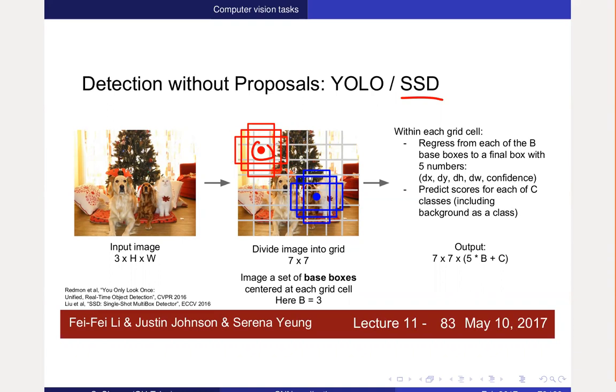For each of these boxes, I will try to classify and also do a regression, because maybe I look at this box and there's likely an object there, but the object may not fall exactly into this box, or it may be larger or smaller, or slightly off. So we want some refinement of this box, so we have another regression again.